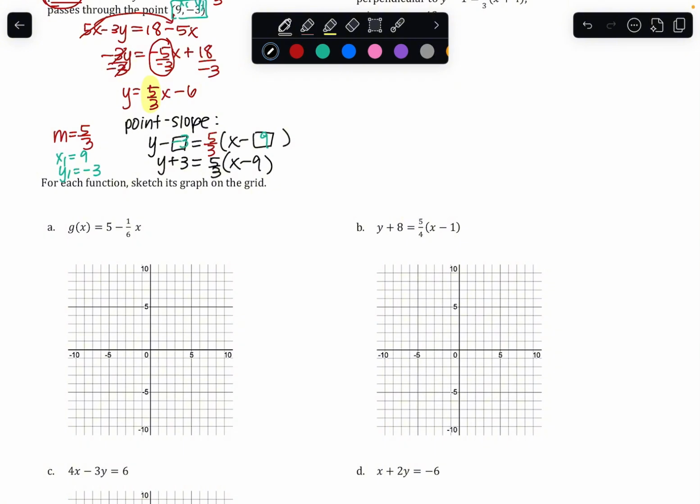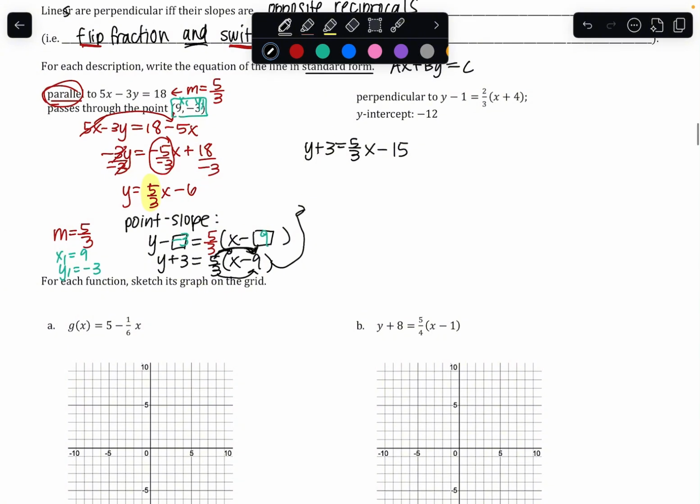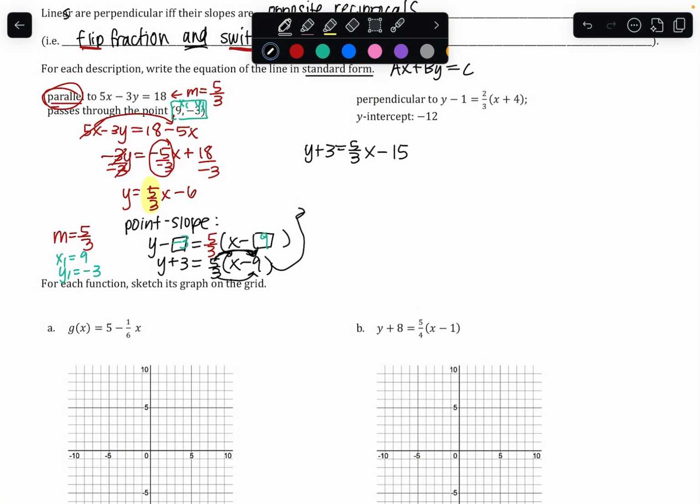The annoying part is we need standard form. To get standard form, first we need to distribute the 5/3, which would give me 5/3 x. 5 times 9 is 45 over 3, which is 15. When you're multiplying a fraction by a whole number, multiply by the 5, divide by the 3. The bottom number is what you're dividing by.